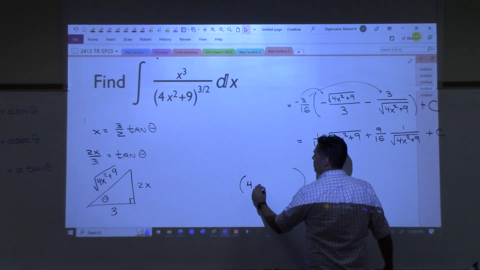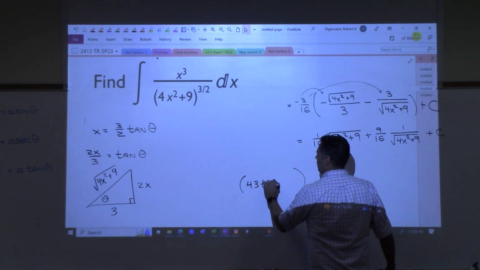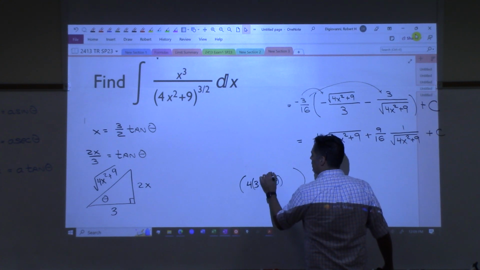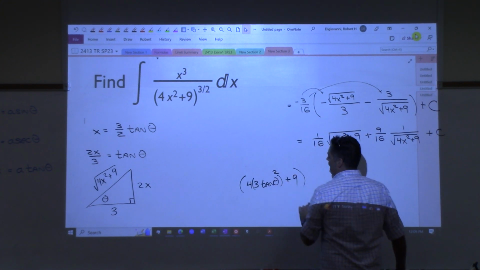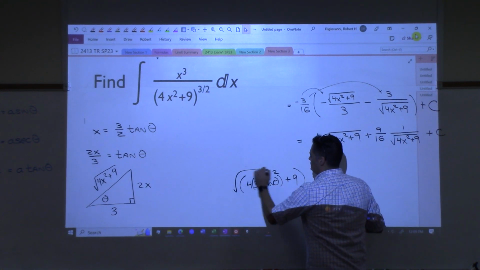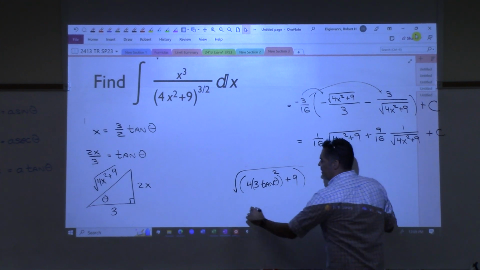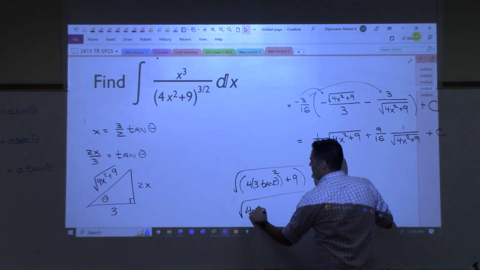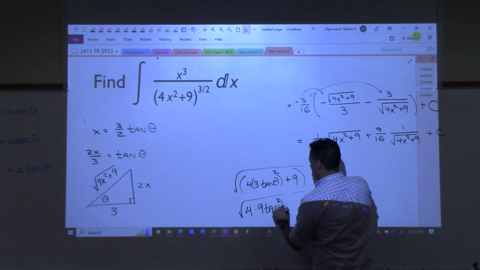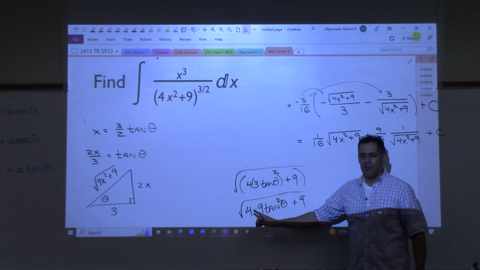Right, and then times 3 tangent theta squared, and then that thing squared, and so you're going to have plus 9 like that? Yeah. The problem is the Pythagorean identity won't work, because on your next step you're going to have 4 times 9 tangent squared theta plus 9, and you can't pull a 9 out because of that 4.